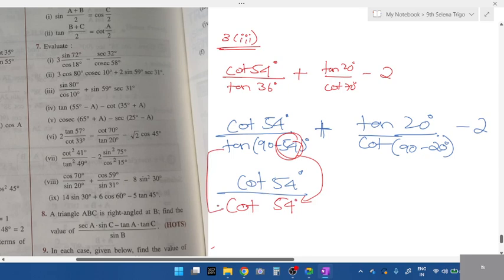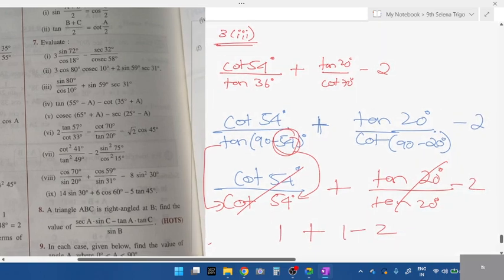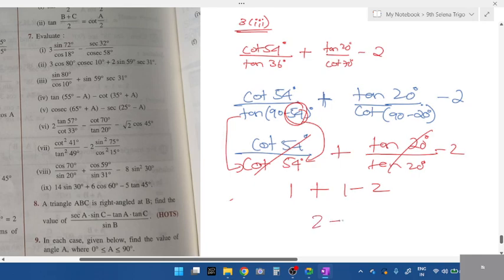Tan gets converted into cot 54. Both will get cancelled. Plus, here it gets cancelled. If it gets cancelled, we get 1 plus 1 minus 2. What is 1 plus 1 minus 2? 0. Completed.